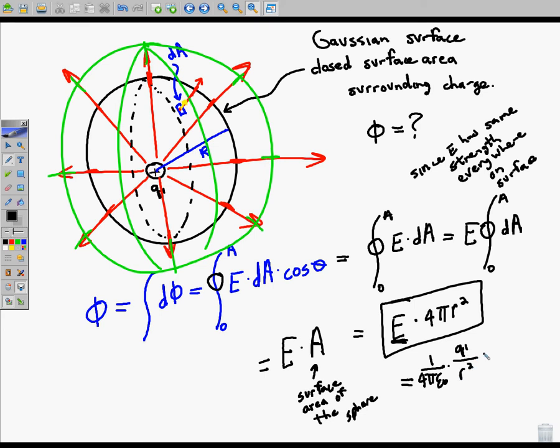And then, what else do we have? 4 pi R squared. And how much electric flux is going through that surface? What is it? Q over epsilon 0. It turns out that the amount of flux going through any closed area depends on one thing: how much charge is on the inside. And that's Gauss's law.